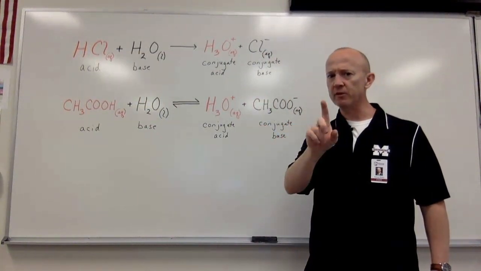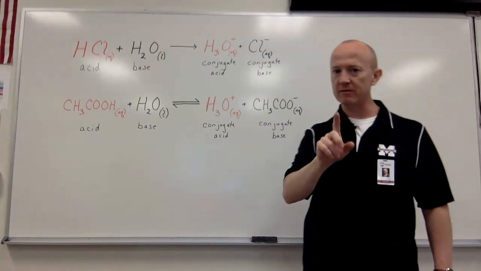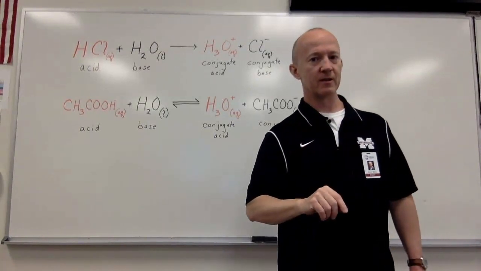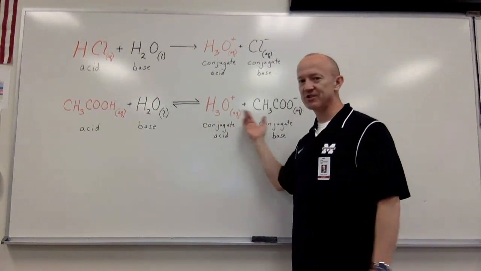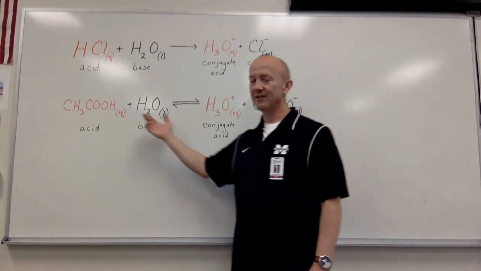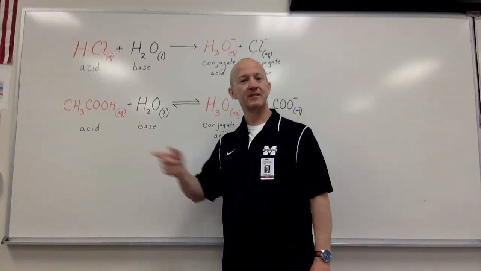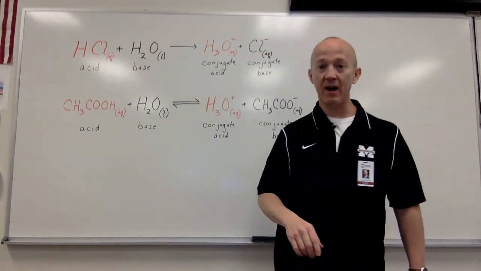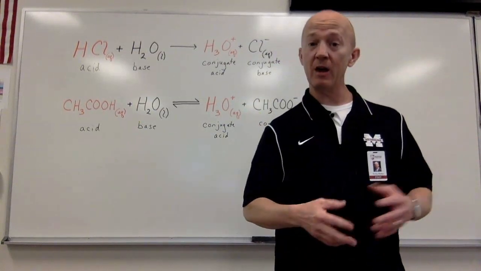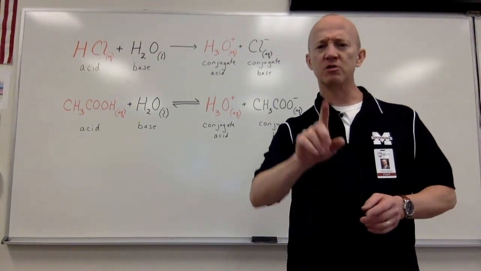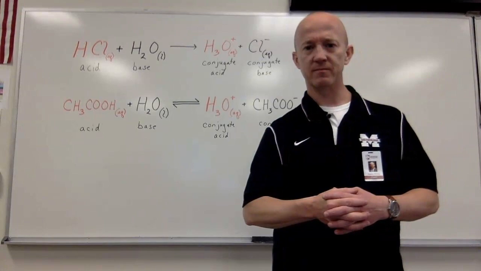Oh, that sounds familiar. I think we talked about this in equilibrium, didn't we? Where you have a ratio of concentration of products over reactants. That's right. We have K values for acids and we have them for bases as well. So let's talk about how to figure those.